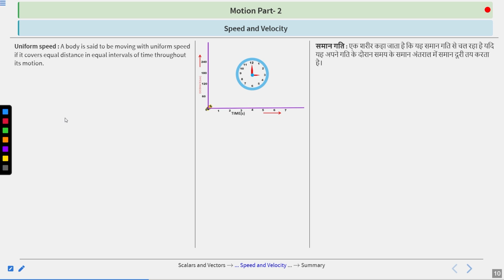Uniform speed. A body is said to be moving with uniform speed if it covers equal distances in equal intervals of time throughout its motion.